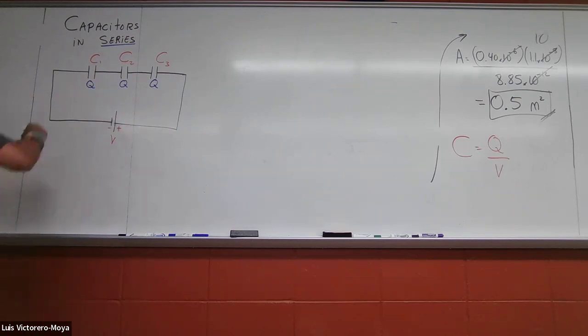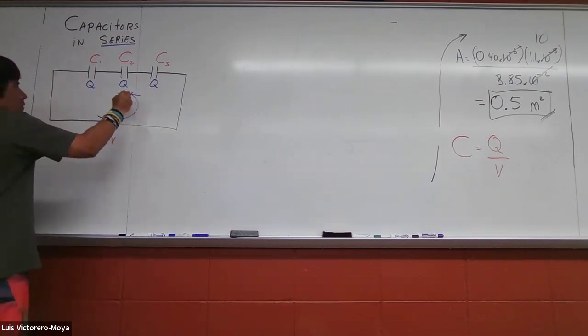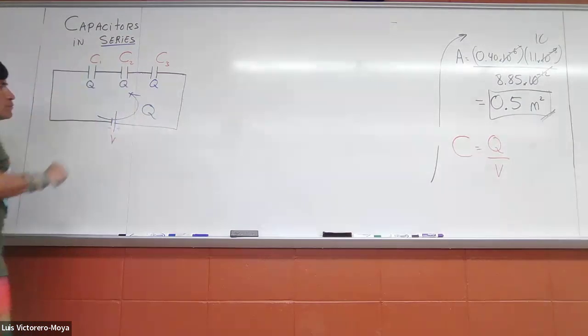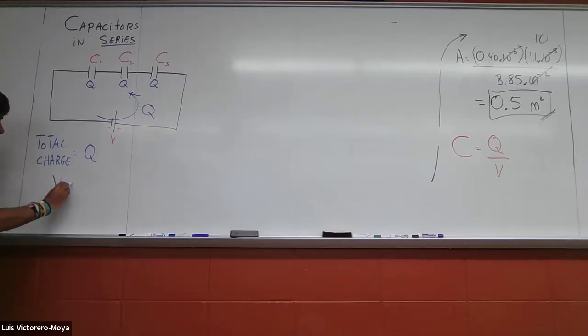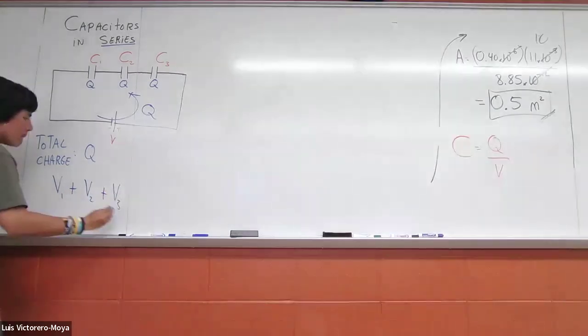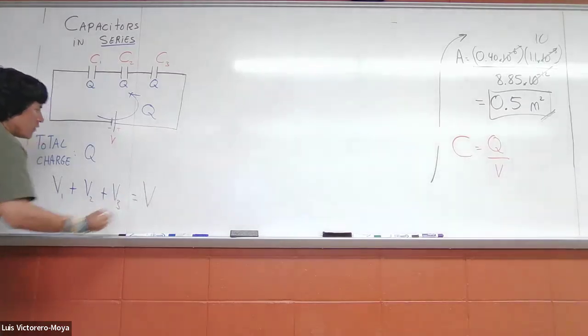So the total charge of the circuit, we call it Q. So V1 plus V2 plus V3 is equal to the V supply.